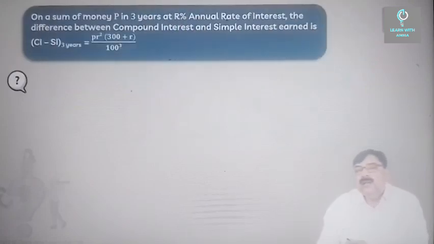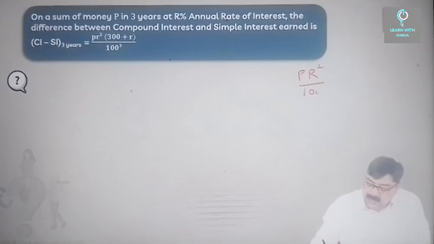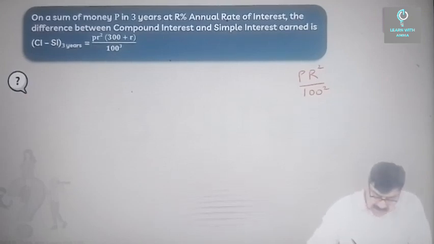Now, similarly, you could be asked a question pertaining to the difference between compound interest and simple interest for 3 years. And in such a case, you already know for 2 years, the formula is PR square by 100 square. That is the difference between compound interest and simple interest for 2 years. Now, if you want to find out for 3 years, this is something additional that you would write here, and that is 300 plus R by 100.